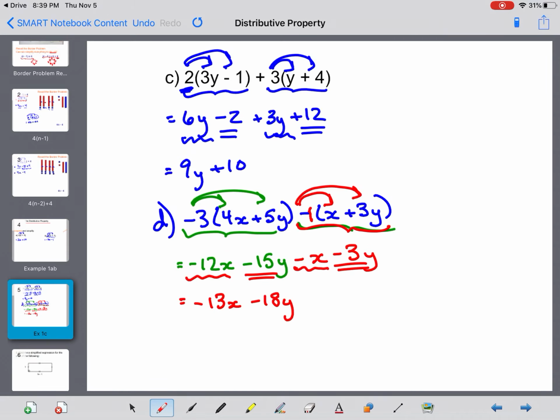This statement is kind of like saying, this doesn't make sense, but I have negative 12 apples minus 15 oranges minus 1 apple minus 3 oranges. So you're not going to combine them all together because they're separate things. But you can combine all the apples together to give negative 13 apples, and you can combine all the oranges together to give negative 18 oranges.